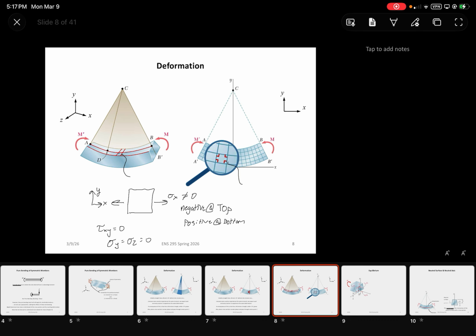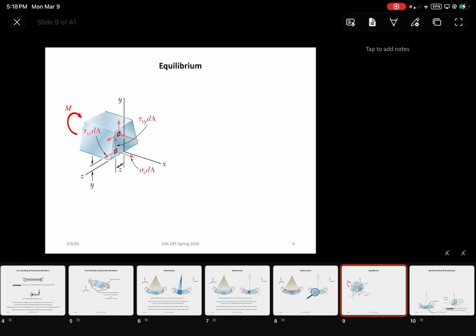And then, of course, looking at this small section over here, we can decipher that the strain that's basically felt, this gamma xy, again, shear strain, there's no shear stresses or shear forces developing due to pure bending, has to equal 0 also. So, moving on with this, we need to look at equilibrium in order to decipher the stress equations, all right?